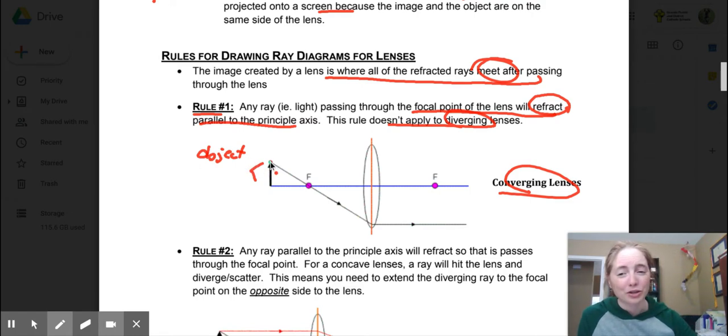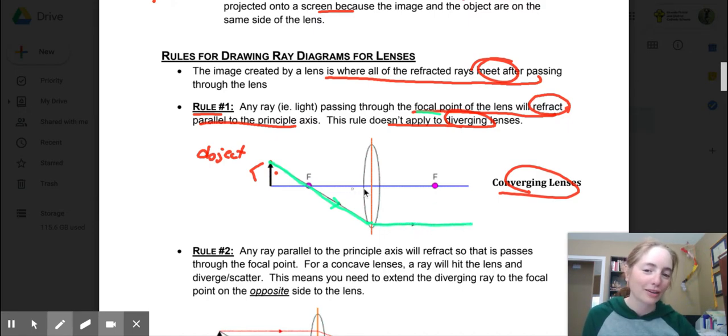You're going to start at the top and draw your ray of light going right through that focal point. Because we went through the focal point, once it goes through that lens, it's going to refract so that it is parallel to the principal axis. So here is your line.